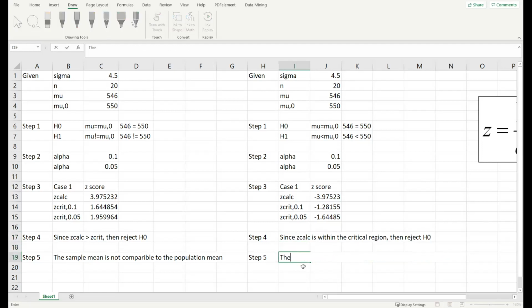So sinasabi natin dito is the sample mean is significantly less than the true mean or population mean. Okay? So this is what happens when we do a left tail test, no? Okay? So again, similar lang sila, no? Ang ginagawa lang natin sa left tail test is mas focused yung testing natin. Okay?